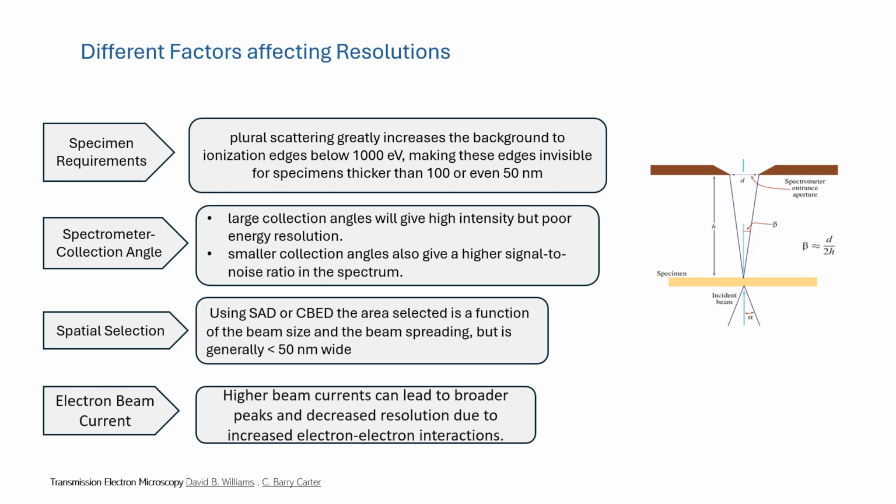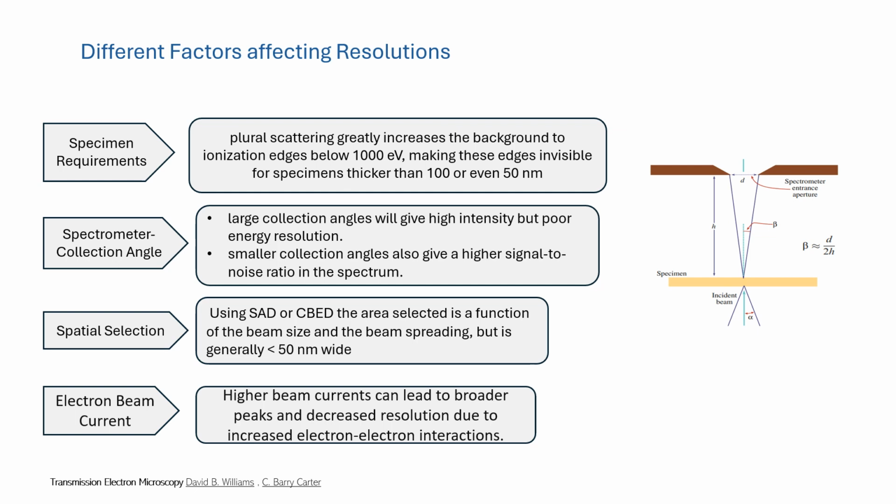The next one is the spectrometer collection angle. The collection angle beta of the spectrometer is a most important factor. Poor control of this value leads to error in the quantification, and we can calculate this from this formula, which is beta equals d by 2h, where d is the diameter of the entrance aperture, and h is the specimen to aperture distance.